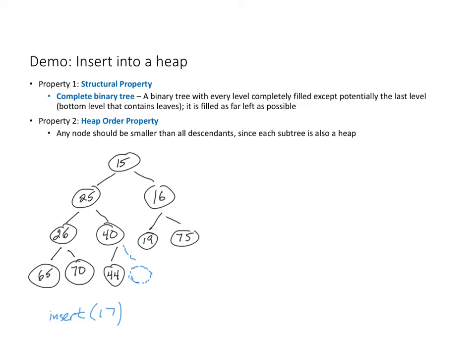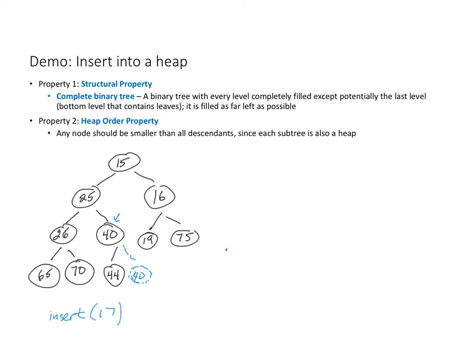So if we were to place 17 here, this would violate our heap order property because 40 is not less than 17. So what we will do is percolate this hole up and move 40 down here. Place 40 here.